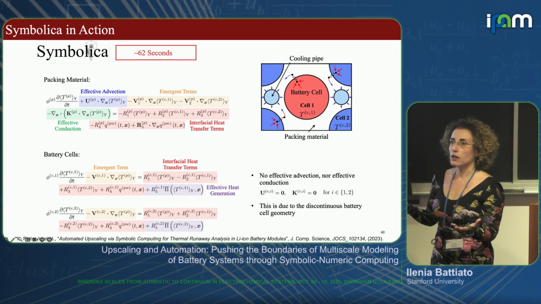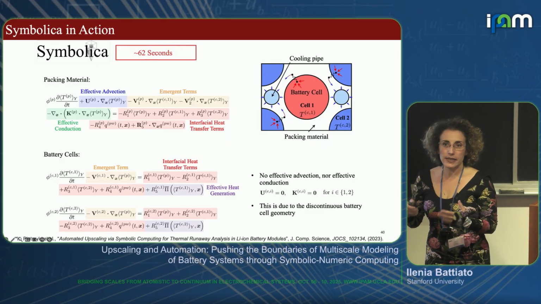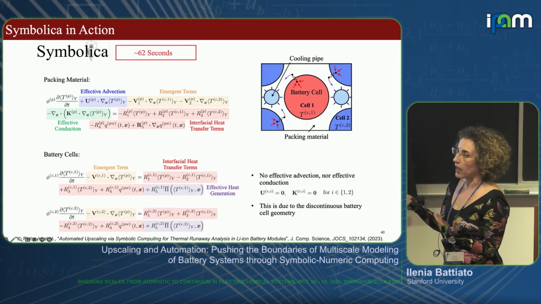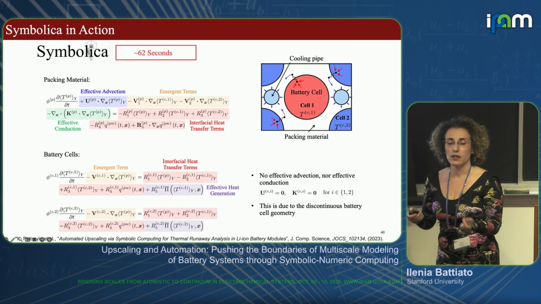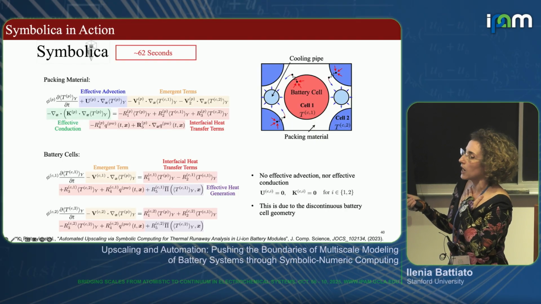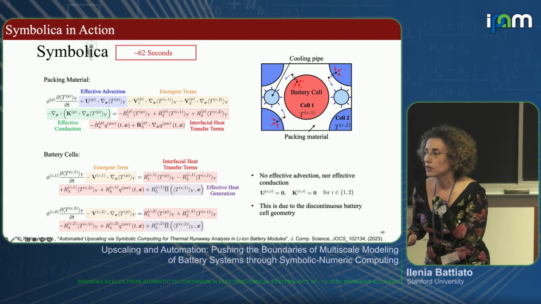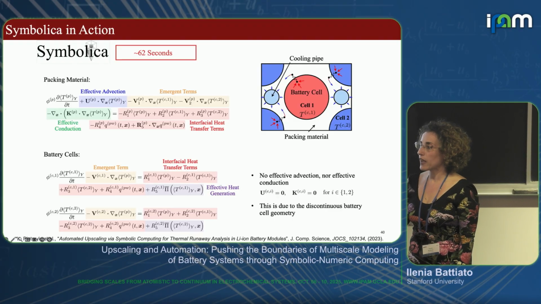Now, is this just a matter of speed? Yes and no. Well, yes, for sure, we like to have these models fast. But I think the most intriguing part, at least for me, was the fact that Symbolica derived equations that we did not anticipate would look the way they look.